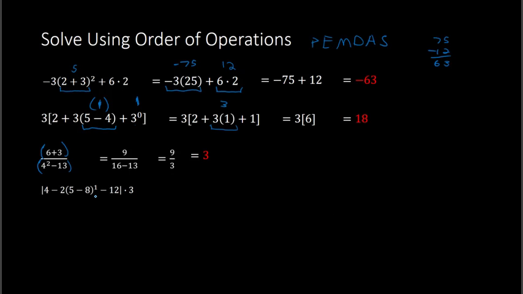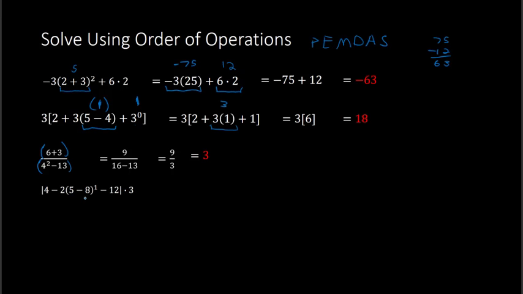And then lastly, we have this example. So notice this is not a bracket, this is an absolute value sign, which also serves as a grouping symbol, so it acts like a parentheses. So within this absolute value, I need to work within there, and I need to follow order of operations within the absolute value.